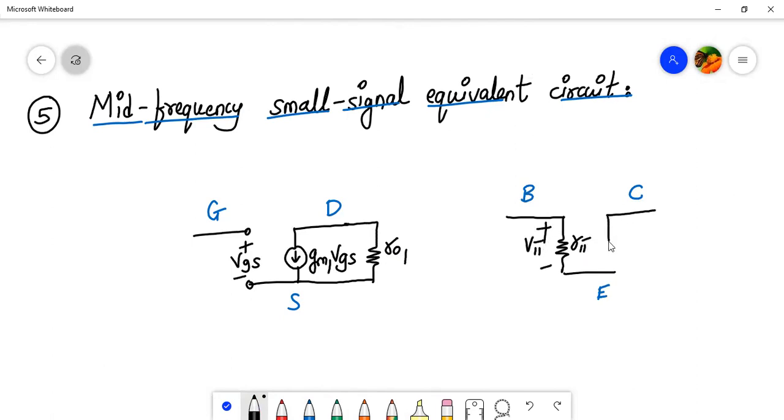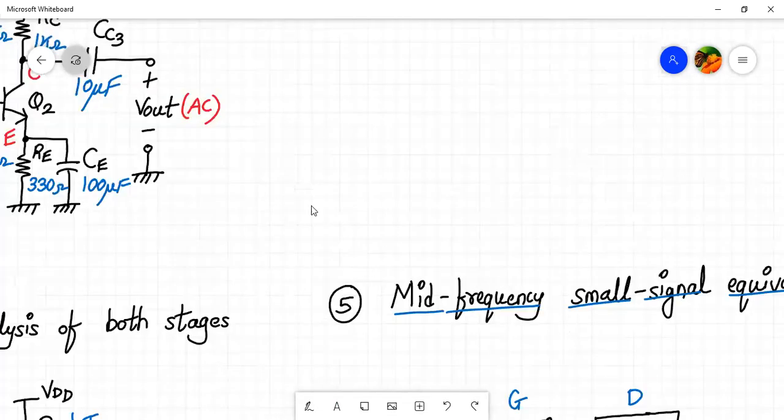Between collector and emitter, we have a voltage dependent current source whose value is GM2 into V pi. We don't have RO2 because it is not given, so we assume it to be infinity. Any infinity value of resistance is an open circuit. Now that we have drawn the small signal model for both BJT and JFET, we'll connect the terminals together.